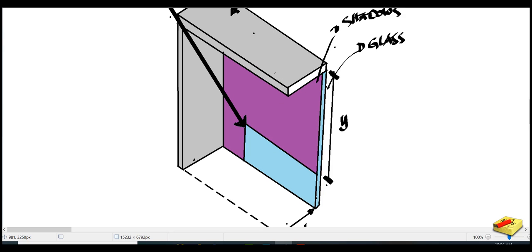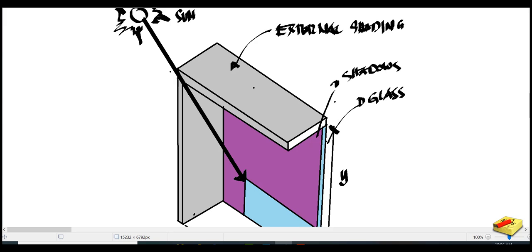Then we have a straight line here. It runs along the path of the sun, which is perpendicular. When we say perpendicular, that will be 90 degrees here.